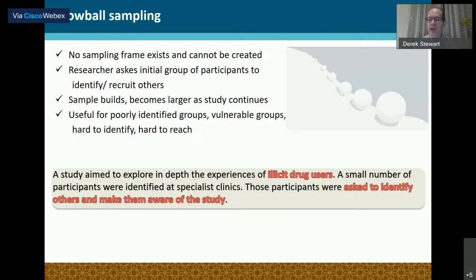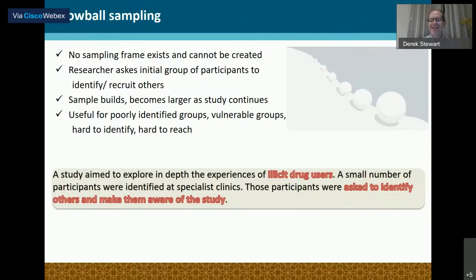Now there's a potential bias in there that we're not in control of who we're sampling and who we're studying, but there's no other way to really do it because we can't identify these people in advance. So there's an example of a study here, which is looking at either illicit drug users, or it might be anything that people are using that they shouldn't really legally be using.